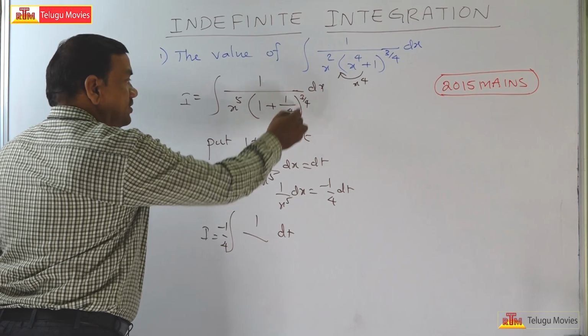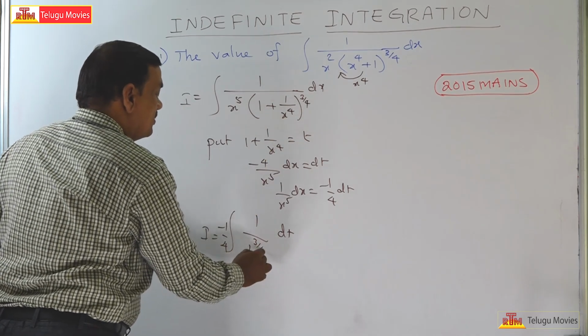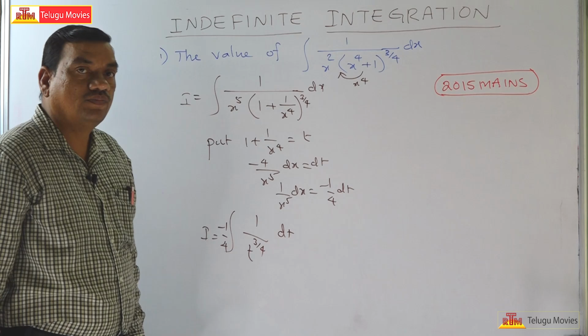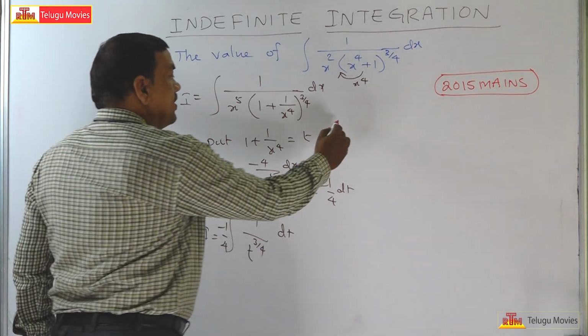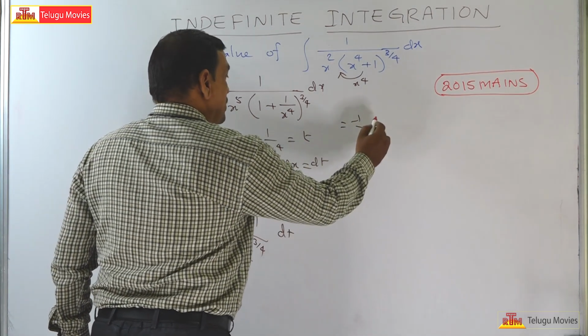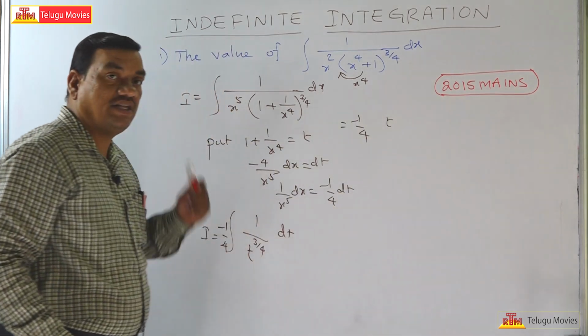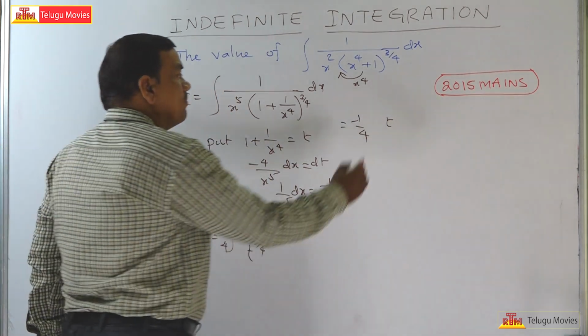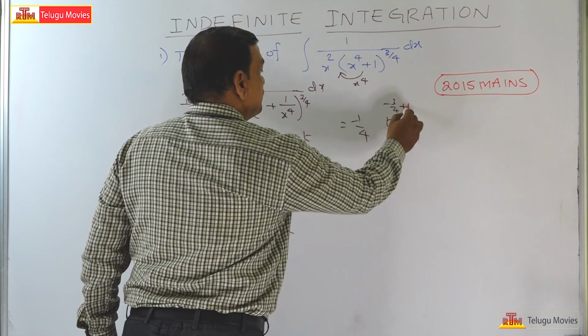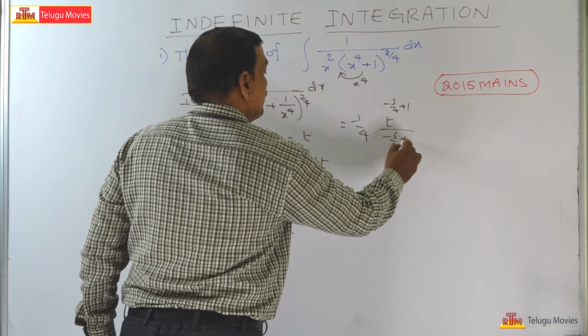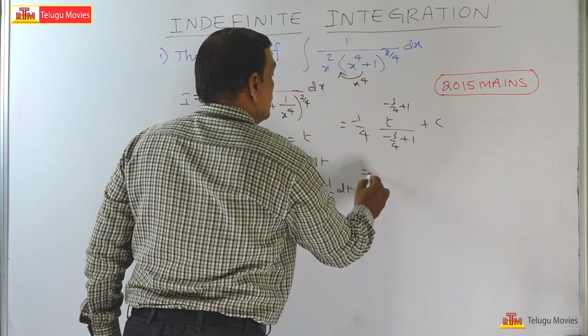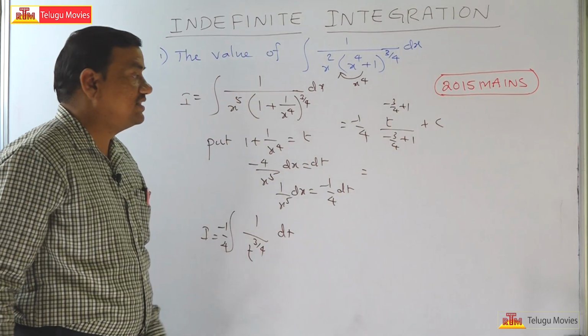And 1 upon this whole thing is t power 3 by 4. So almost the problem is over. That is minus 1 by 4, and t power minus 3 by 4 will come. So t power minus 3 by 4 plus 1, divided by minus 3 by 4 plus 1, plus c. The 4 will get cancelled.